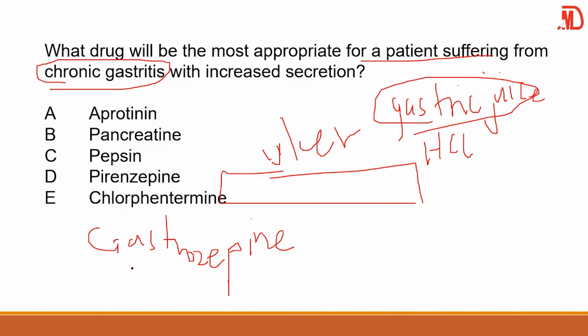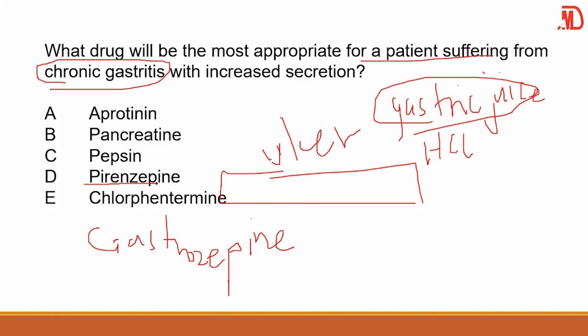This is the name of the drug that is actually used to prevent secretion, or it will antagonize the secretion by the gastric mucosa. It will antagonize the secretion. And of course, another name for gastrozepine will be pirenzepine.